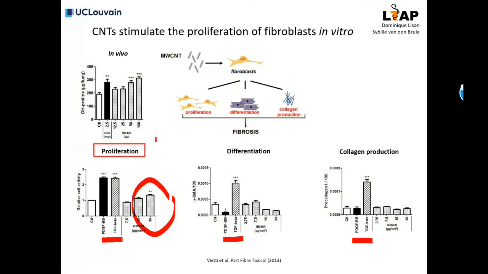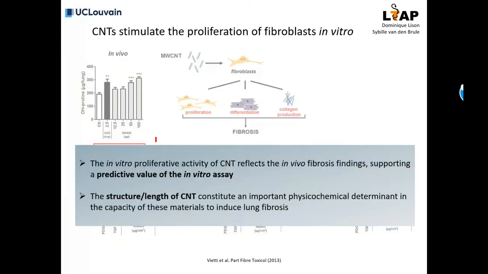So they concluded that their fibroblast in vitro test is predictive to reflect the proliferative activity upon exposure to carbon nanotubes. And something which they also have shown is that this proliferation activity depends, of course, on the physicochemical characteristics of the materials.